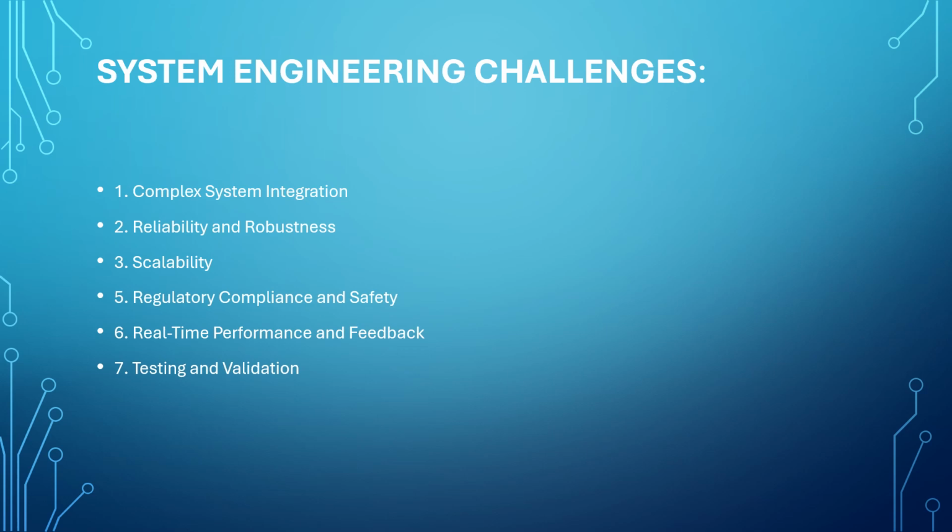Adaptive algorithms: creating algorithms that can dynamically adapt to changing user situations in real time, such as adjusting rehabilitation exercises based on ongoing brain activity, increases the complexity of software development.